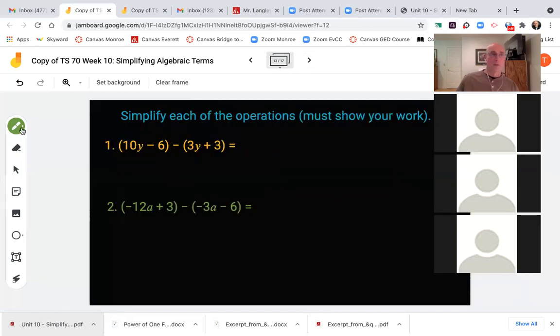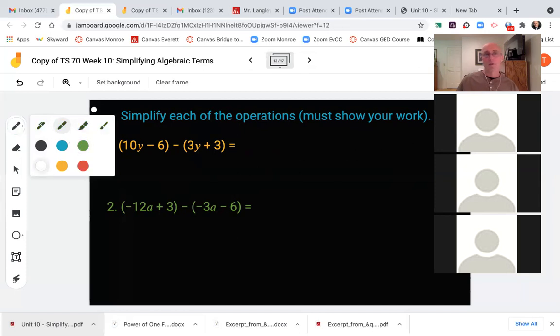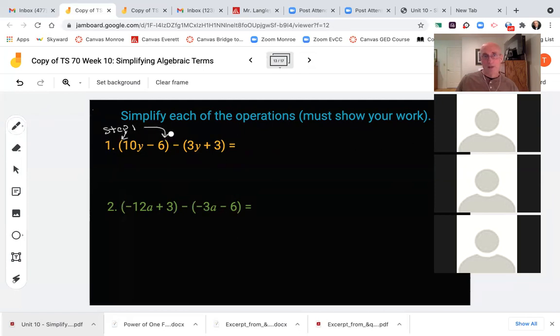In this example, I'm just saying, hey, it's your turn. Do a couple of these. I've got parentheses, so step one's already done for me. I'm just reminding you that that's putting the parentheses here. And then step two, I would rewrite it as 10y minus 6 in parentheses, and then this minus affects the 3.